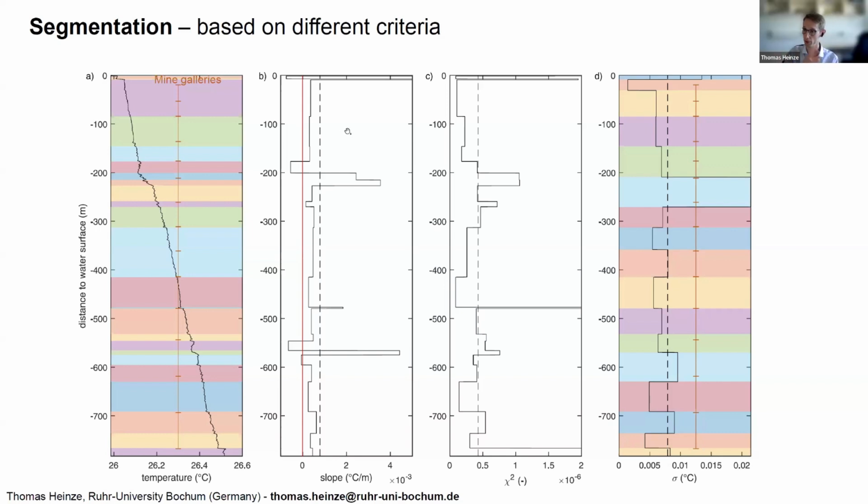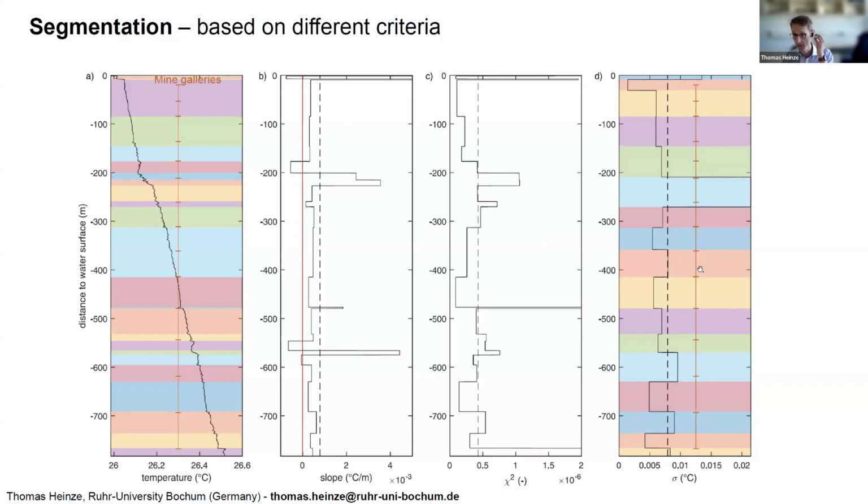So in comparison, instead of the slope, you can also look at, for example, the R squared. So we measure how well my data can actually be described by a linear trend. If I have little variation from this linear trend, then this might indicate turbulent flow or other things.